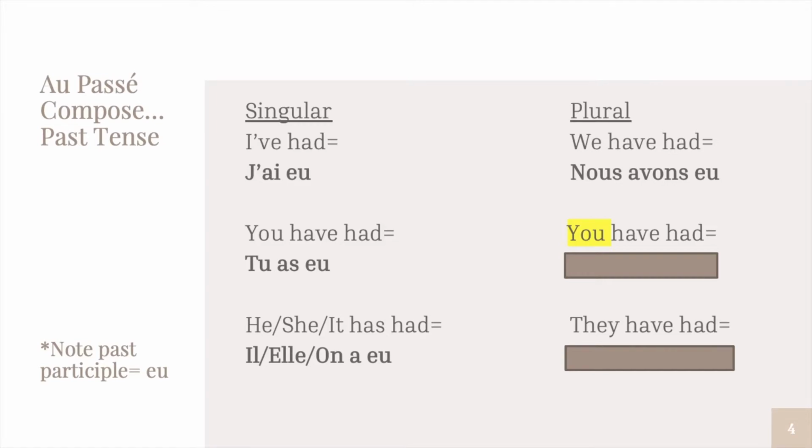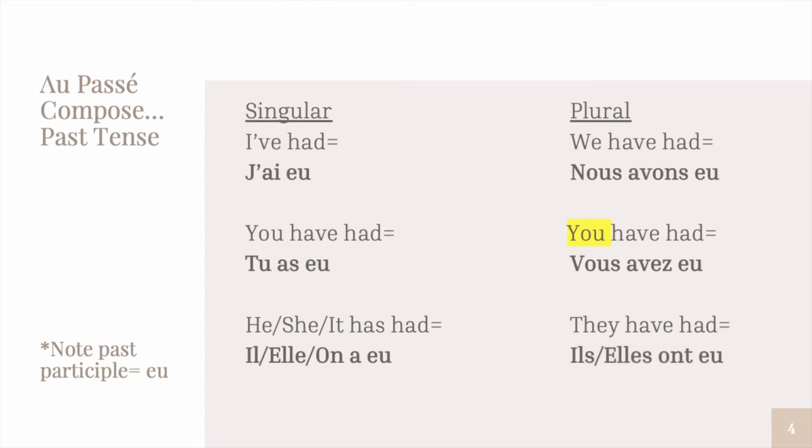If you wanted to say you have had, but the you is plural, so I guess you all have had, it would be vous avez eu une pomme. If you wanted to say they have had, it would be ils ont eu or elles ont eu. So going back to the apple example again, ils ont eu une pomme or elles ont eu une pomme.